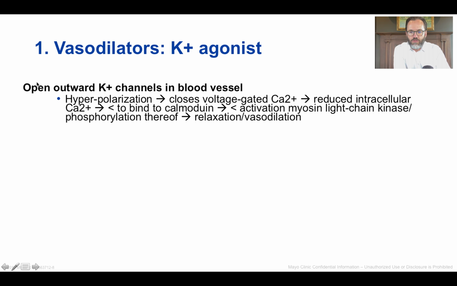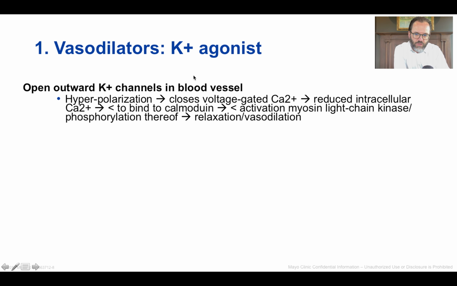Now, there are other compounds as well within the class of vasodilators. So when we're looking at drugs that can increase vascular relaxation, potassium channel agonists are a significant class of drugs. So here, as you would expect, if you're opening these outward potassium channels in blood vessels, you're going to get hyperpolarization.